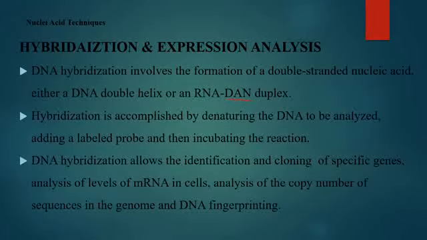So if you want to know the levels or the quantum of mRNA in cells, the procedure can also be useful. And then analysis of the copy number of sequences in the genome, and then DNA fingerprinting. So how many copies of a sequence do we have? We can analyze that. And then also with DNA fingerprinting. We'll come to fingerprinting later.